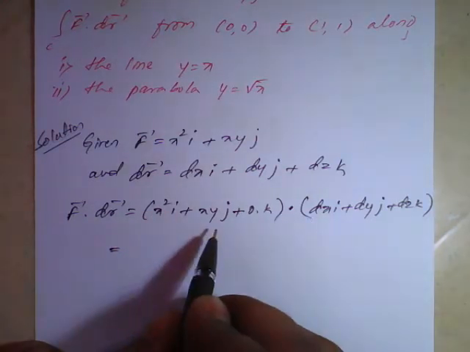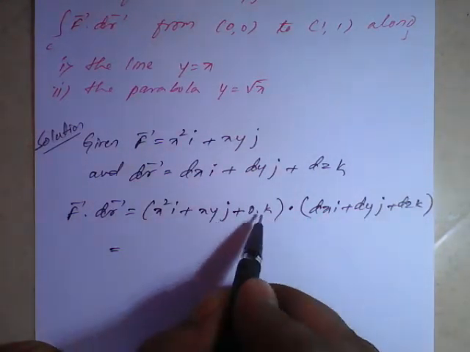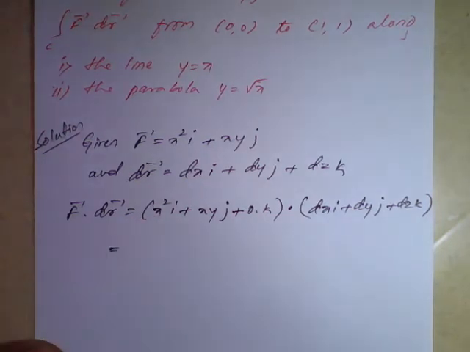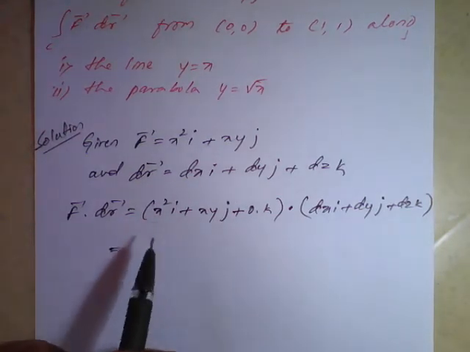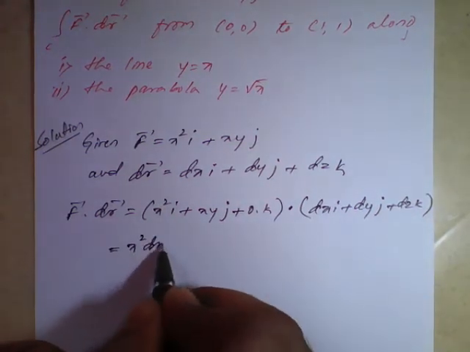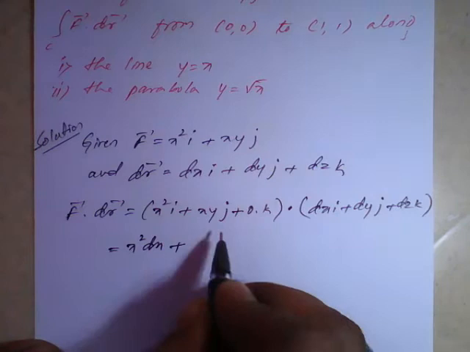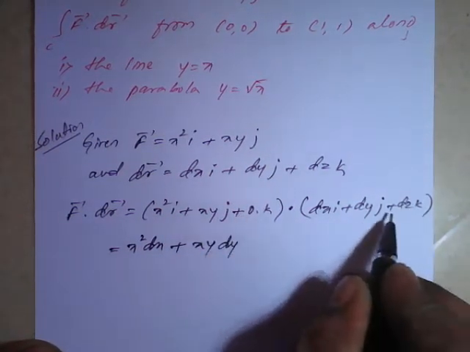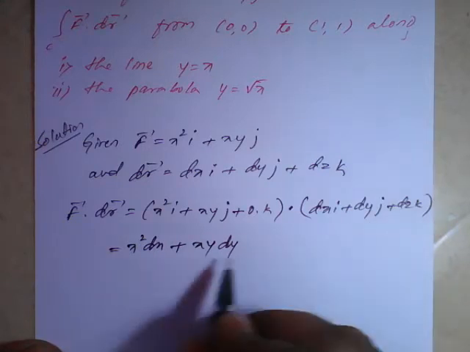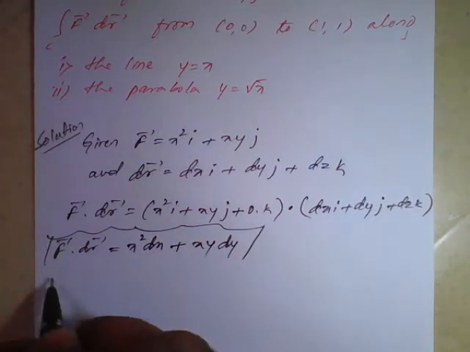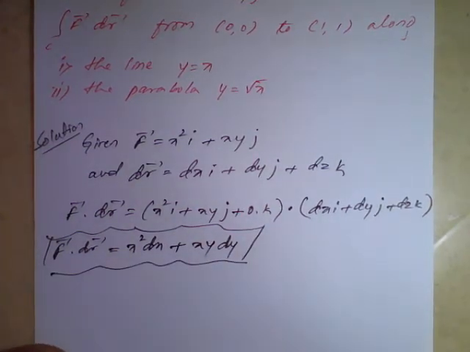I dot i is 1, j dot j is 1, k dot k is 1, so only the coefficients multiply each other. So x square into dx plus xy into dy, plus 0 into dz which is 0, so I will not mention it. Therefore vector F dot dr will be x square dx plus xy dy.